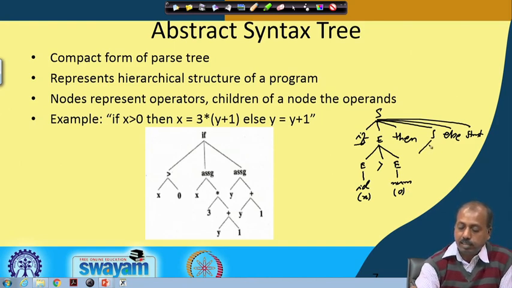Similarly, this S giving rise to ID equal to some expression, and this expression somehow giving this 3 into y plus 1.